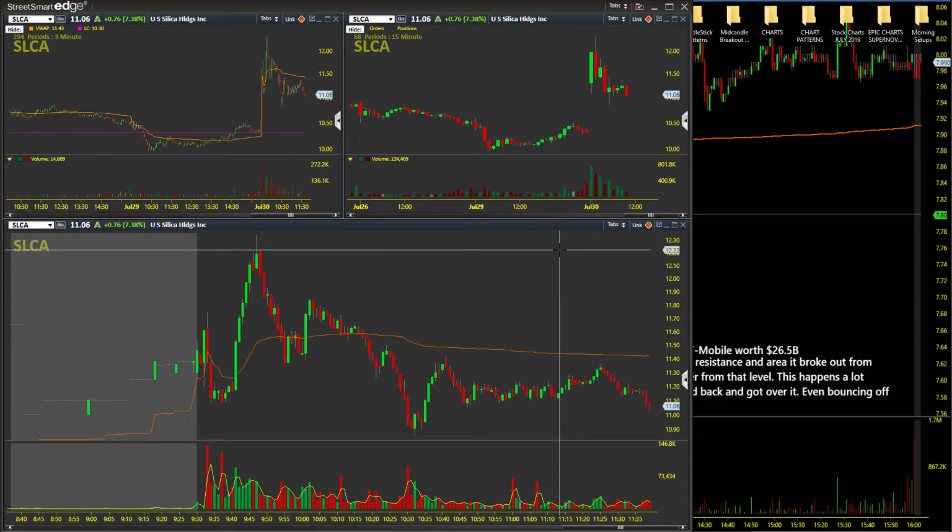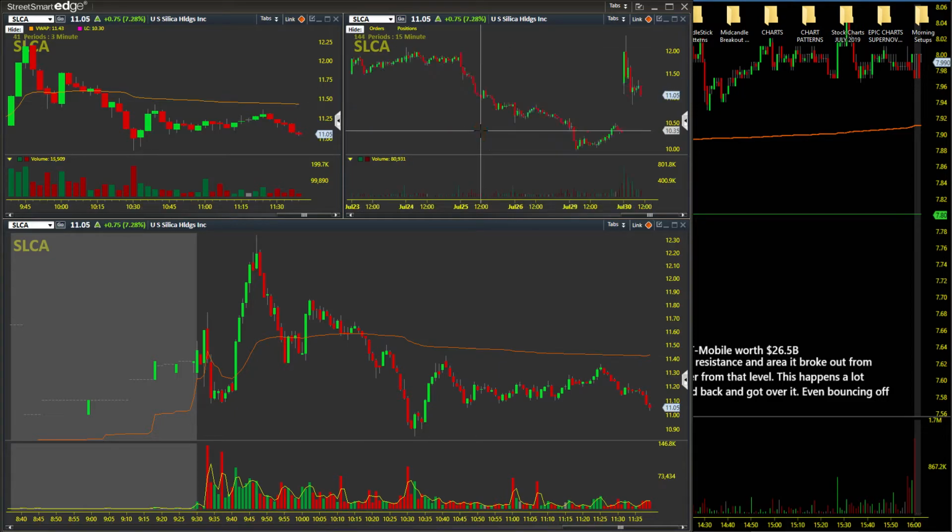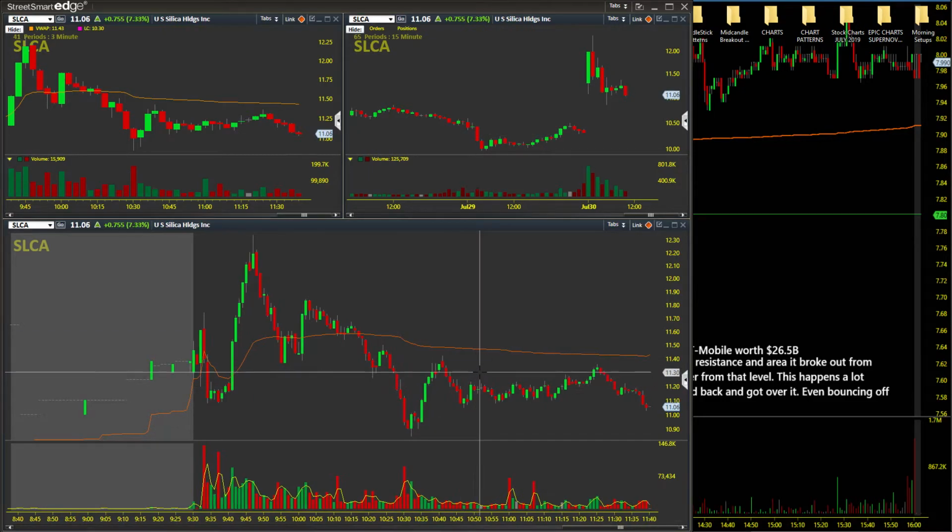Let's say you're anticipating a breakout on the 1-minute chart. By just simply looking at the 15-minute chart, you could clearly see if you're at a big resistance level or if there's strength building up in that breakout.